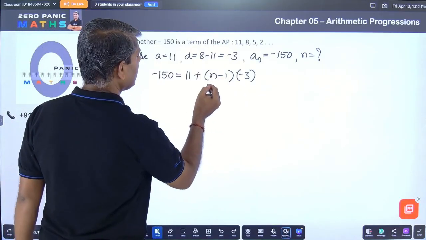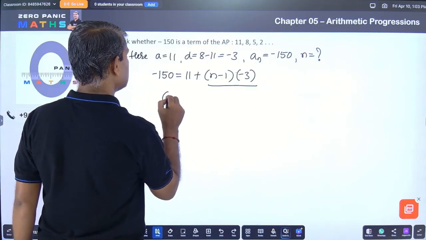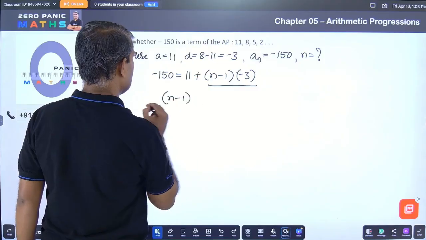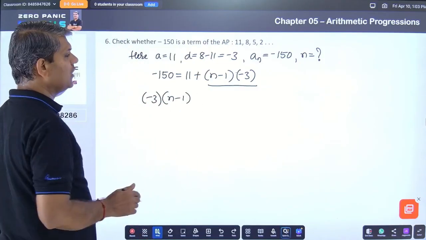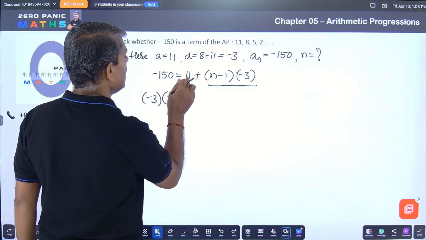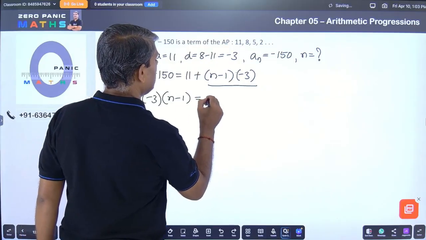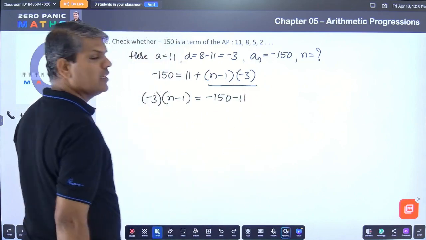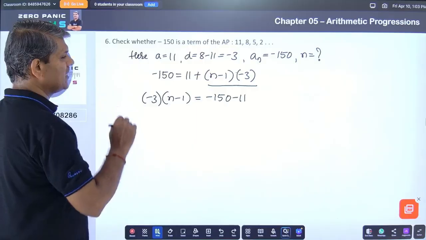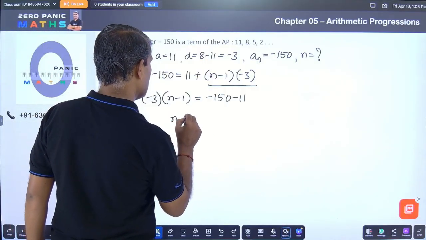Keep (n minus 1) into minus 3. Let me keep minus 3 here so that you do not get confused. So 11, take it to the left side, that will make it minus 150 minus 11. It is minus 161. It will be n minus 1.